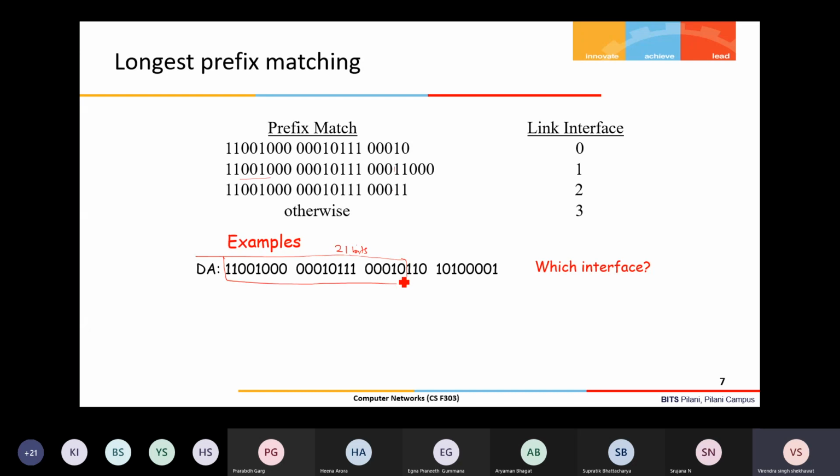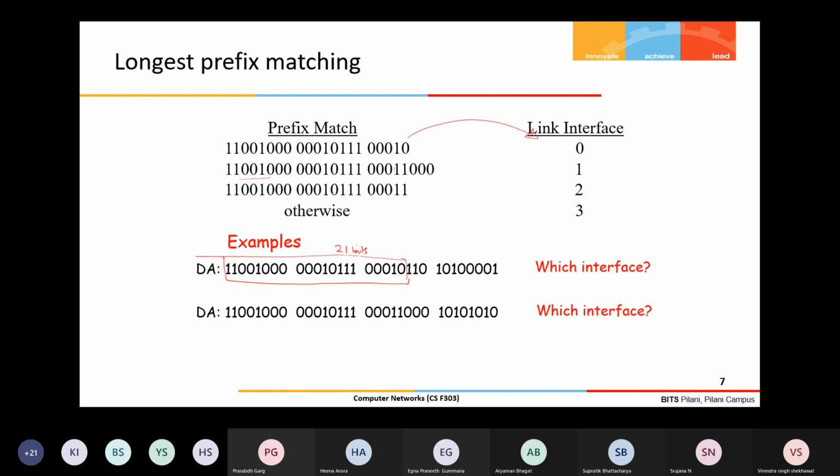So the 21 bits match exactly one entry, and there is no confusion. The router will match it and forward the packet to interface 0. Okay, now take this example. Tell me which interface it will forward this datagram having this destination address.